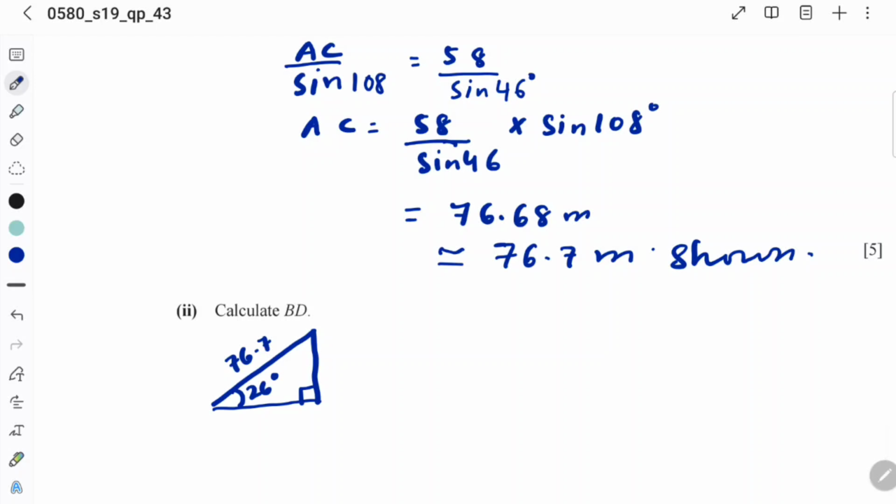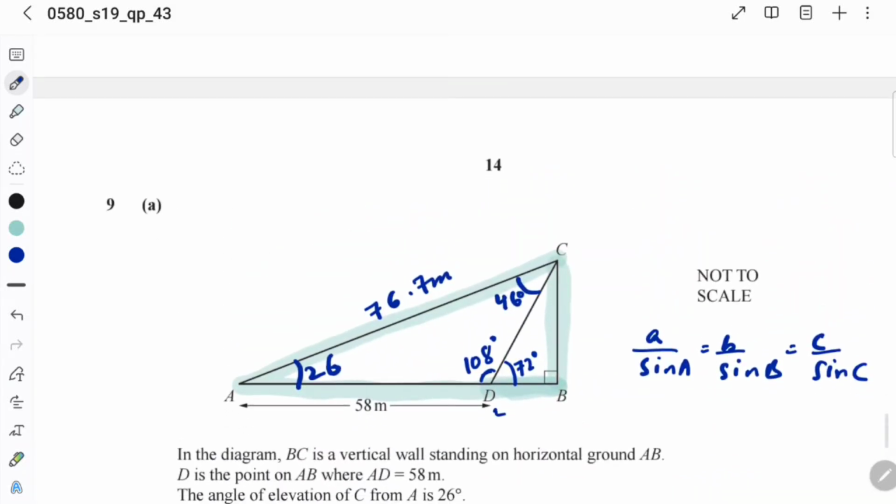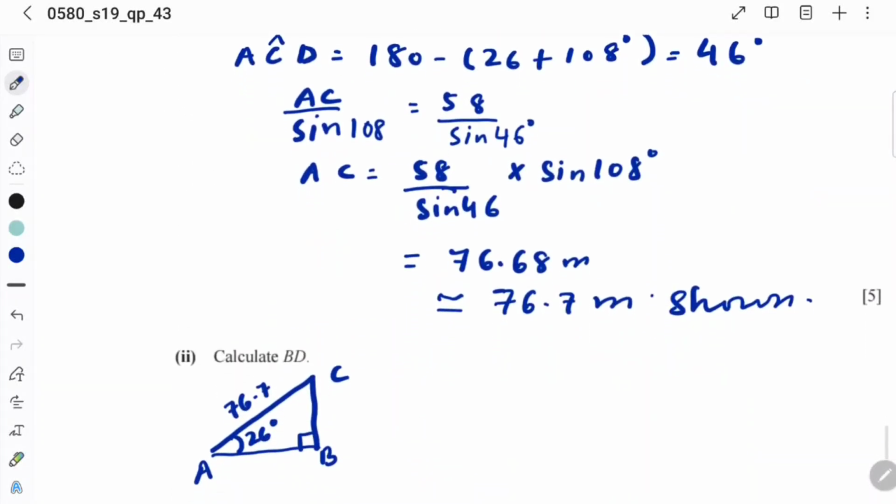Why are we calculating BC? Because we want to know side BD. Once we have side BC, we can consider this right angle triangle and easily find side BD.